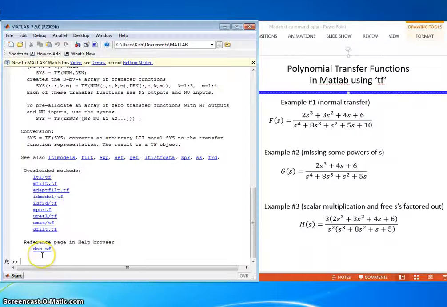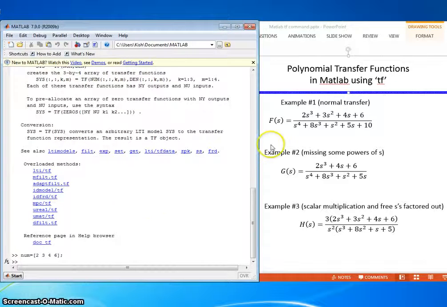We'll start with example 1, which is a normal transfer function where the polynomial has all the coefficients. So in this case, example 1 here, I'll build the numerator polynomial. I'm just going to build a vector where I pull off the 2, the 3, the 4, and the 6. So num equals 2, 3, 4, 6.